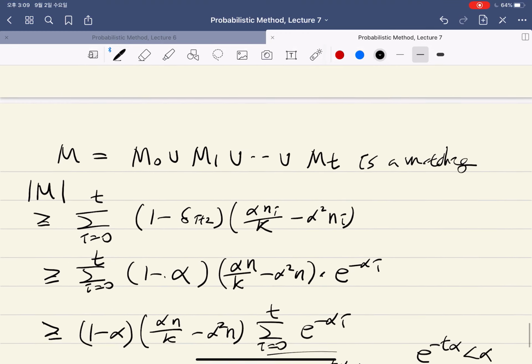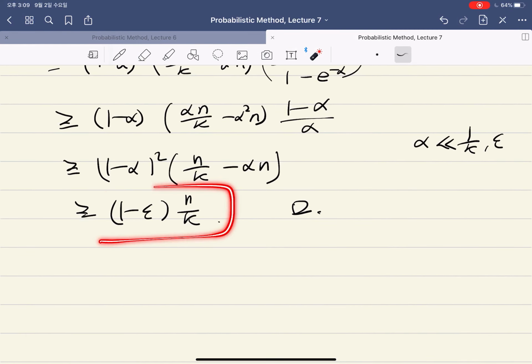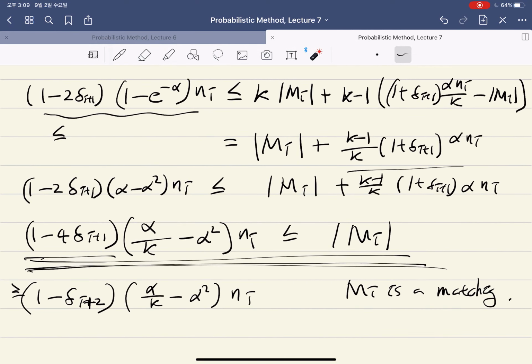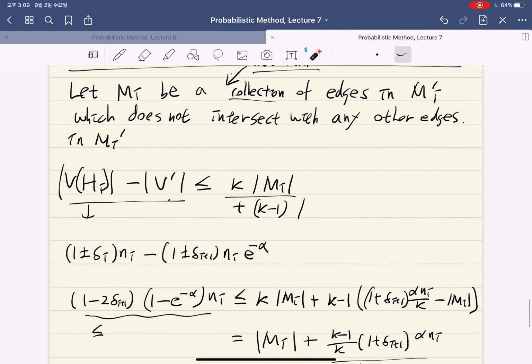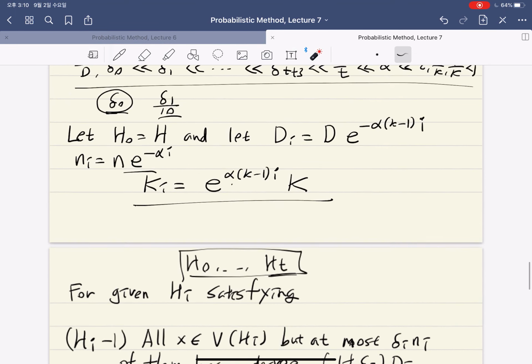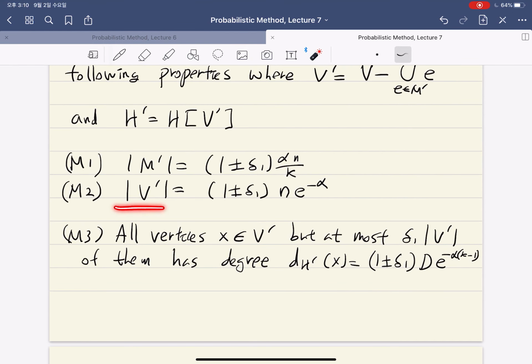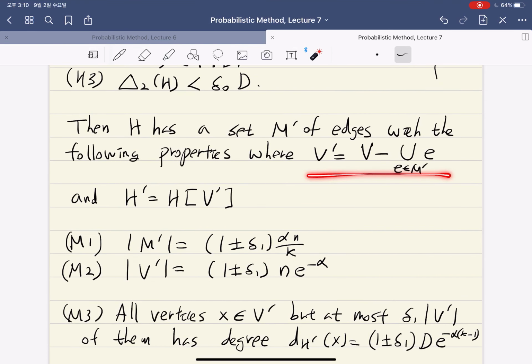So this collection of edges forms a matching, and together they contain at least this many edges. So they cover at least a 1 minus epsilon fraction of the edges. Because of this computation, you might be a bit confused, but this computation is not that important. It is just verifying that because of this lemma here, we know how many vertices are not touched by M. So we know this, and we know the original number of vertices.